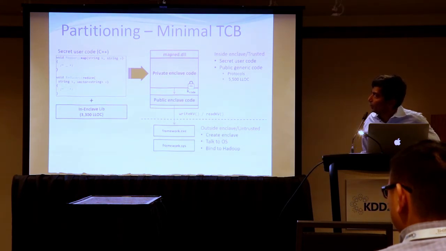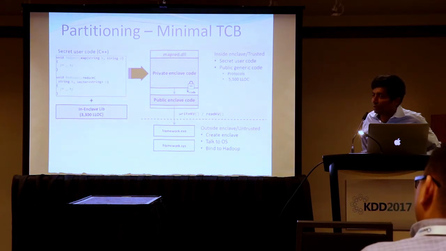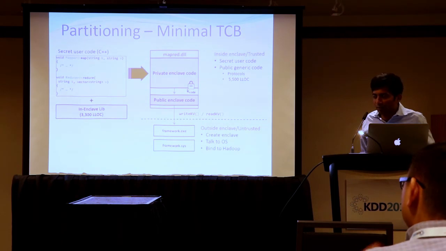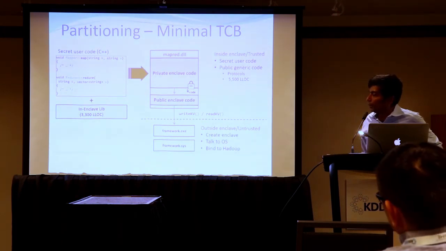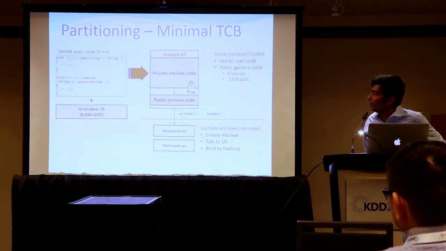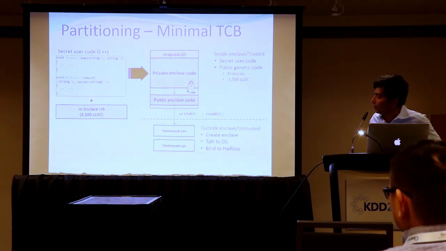Usually MapReduce code is written in Java, but in their case they wrote it in C++, and the enclave library code is only 3,300 lines of code. In the case of the mapper code, they identify the private enclave code that will reside only in the enclave area, and then there is the public enclave code. When the mapper emits intermediate key value pairs, those pairs need to be sent over the network to the reducer machines.